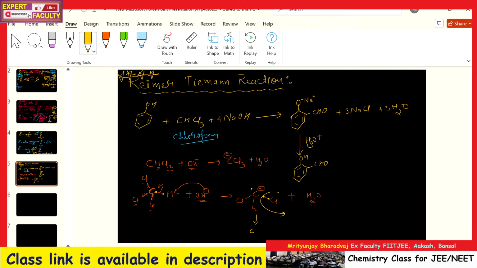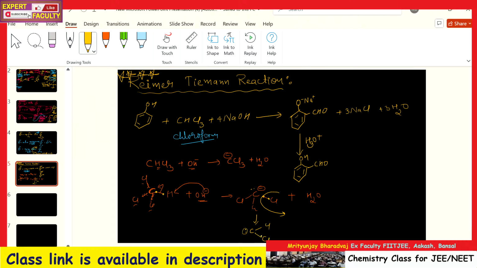That's why we are putting a negative charge. In these two electrons, one belongs to hydrogen and was taken by the carbon. That's why we are putting a negative charge. And whenever we show a negative charge, it is understood that carbon has an extra electron. So there is a lone pair, and when the Cl leaves, it takes away the bond pair. So this lone pair remains at the carbon, yes or no?